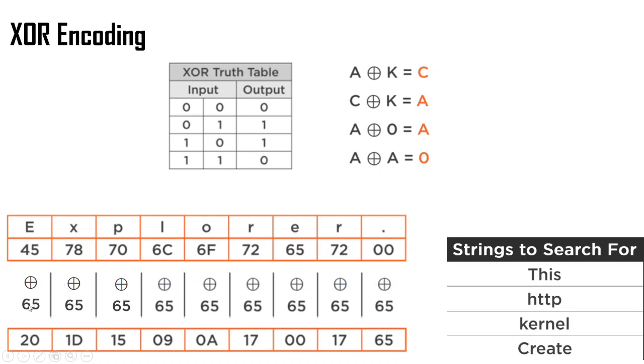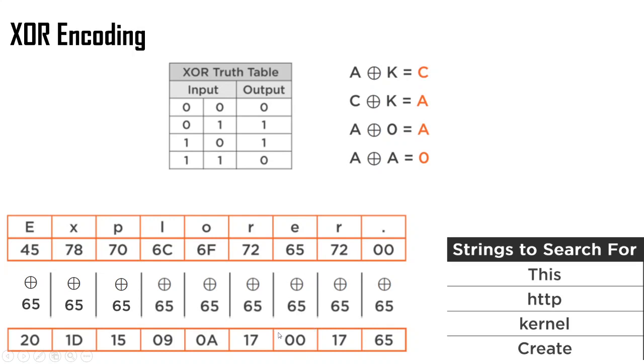I am taking the key as 65 and XORing all the letters in "explorer." 45 XOR 65 gives 20, 78 XOR 65 gives 1D, similarly 70 XOR 65 gives 15. Here there is an interesting case. If I XOR 65 with 65, I get 00.